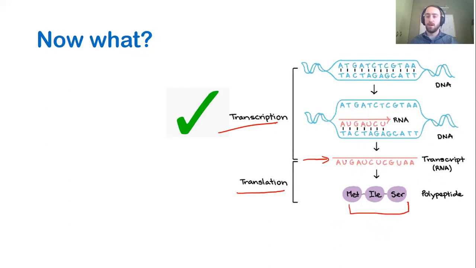So how does mRNA get translated into proteins? Well, every 3 base pairs code for an amino acid, and these 3 base pairs are called codons.